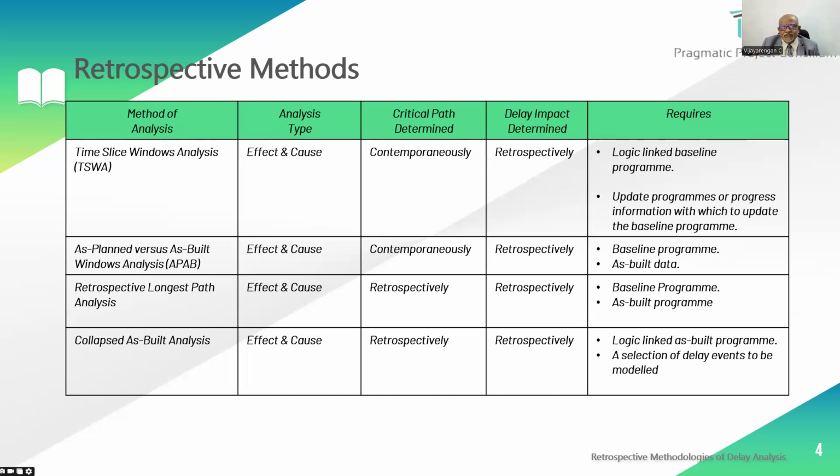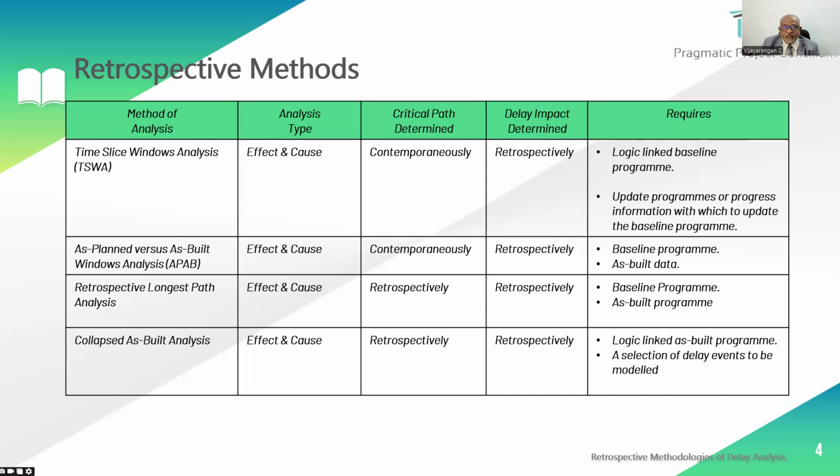And the next one is retrospective longest path analysis. Here also, as usual, the analysis type is effect and cause. Basically we have gone through the effect, and therefore we are going to analyze the cause. Here the critical path determination is, of course, retrospective, where what we need for this methodology is the baseline program and the as-built program.